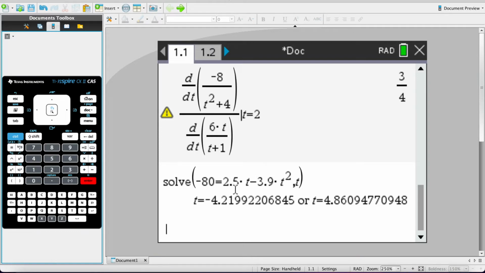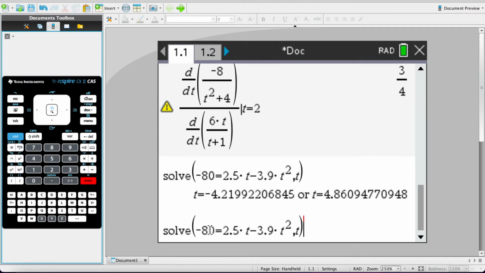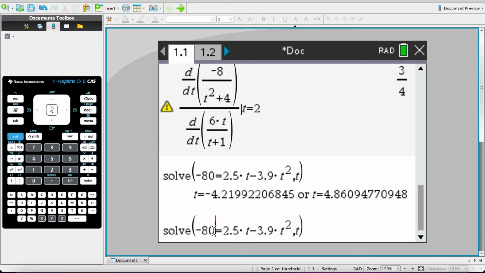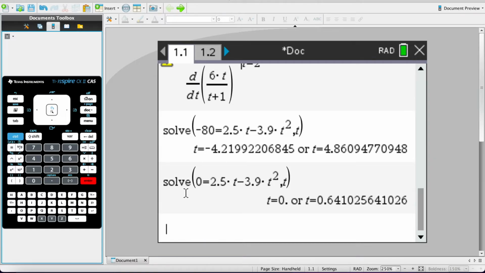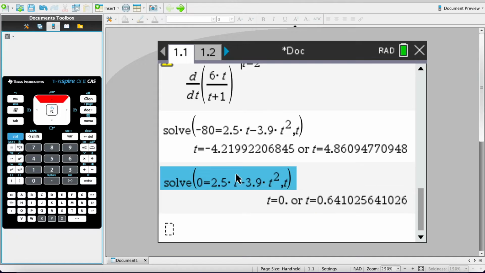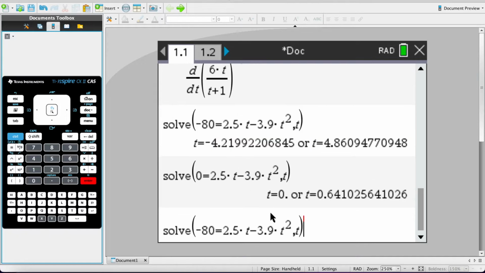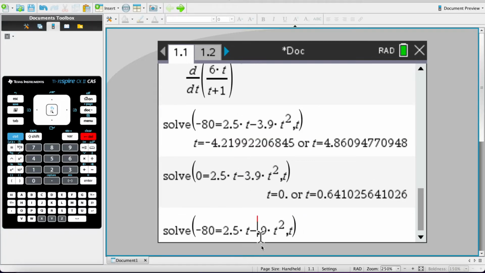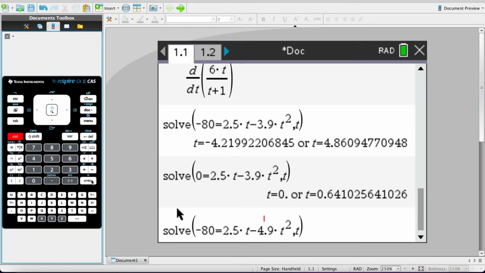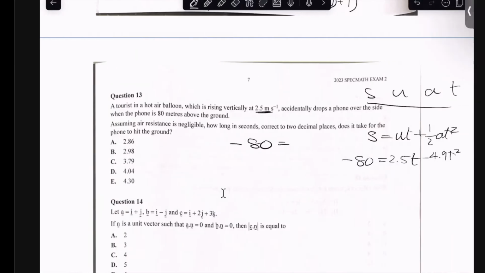What have I done? 80 meters above the ground. Oh, I think this should be a positive. Oh, I wrote 3.9. That's why. 4.9. And that's 4.30, which is it.